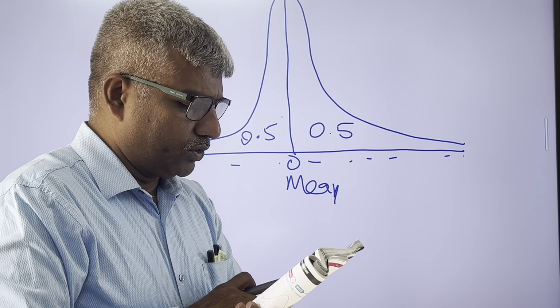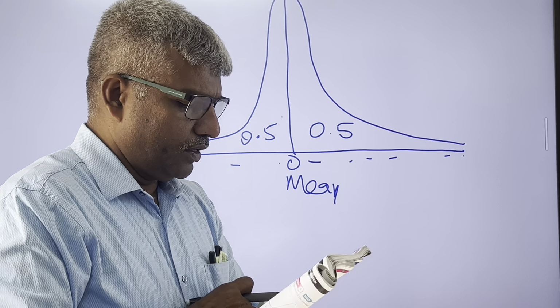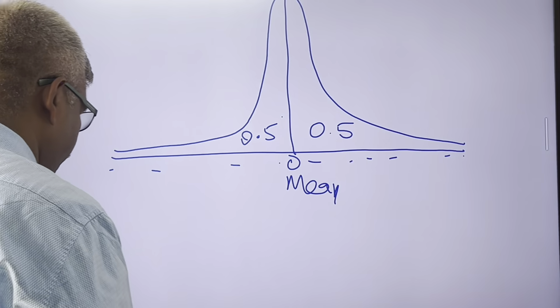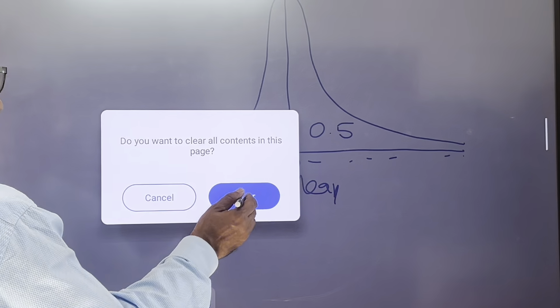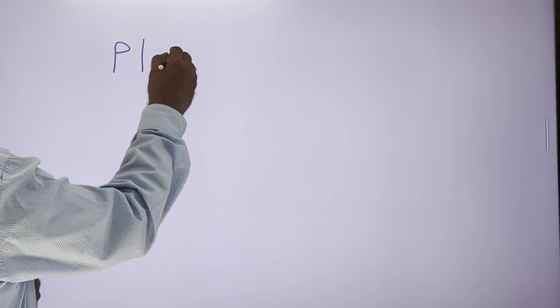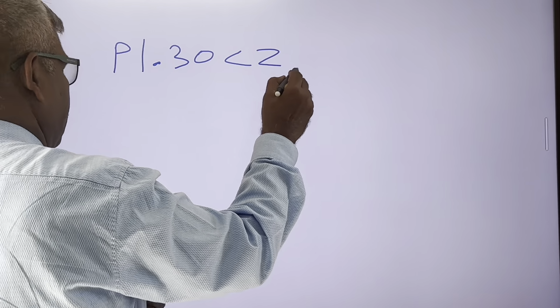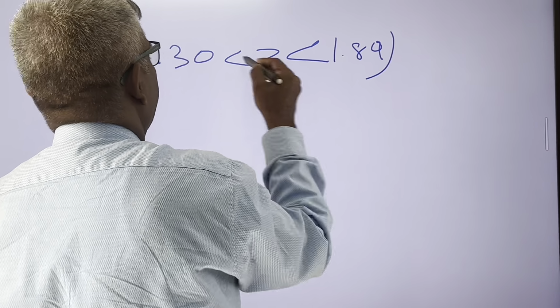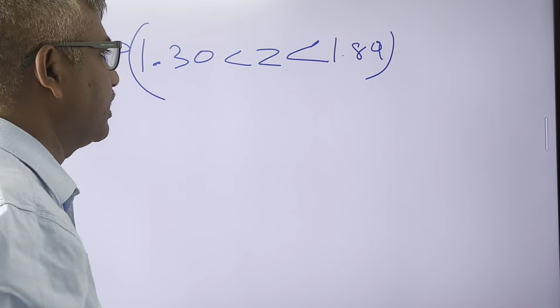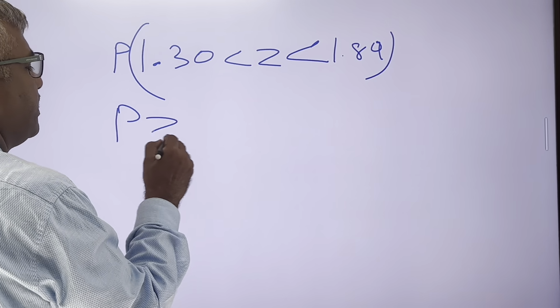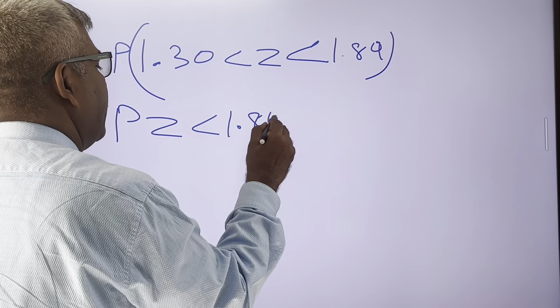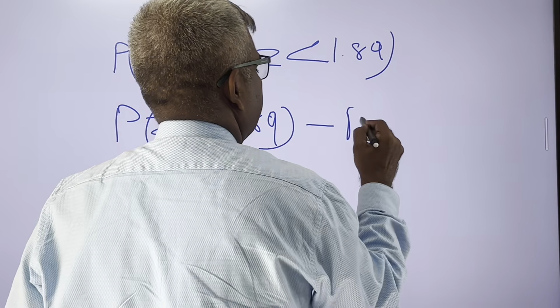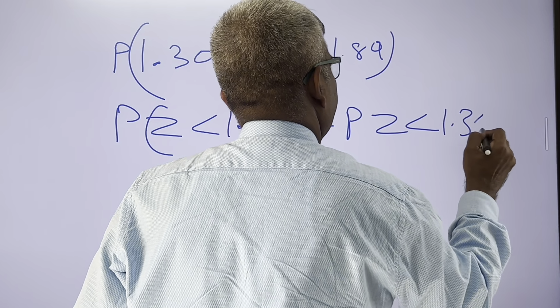Now we will go to 1E. Probability of 1.30 less than Z less than 1.89. Now onwards I will go fast because we have already learned. Z is less than 1.89 minus Z is less than 1.3.